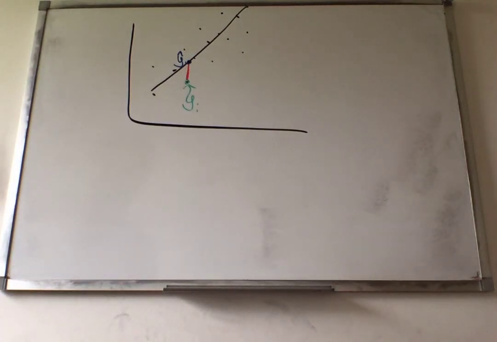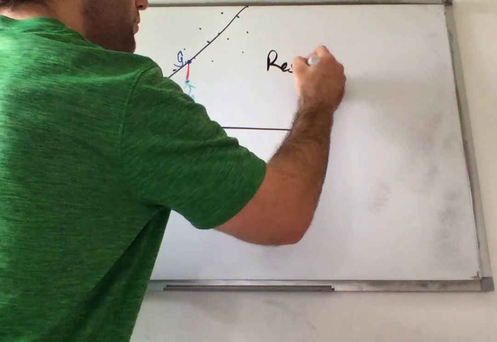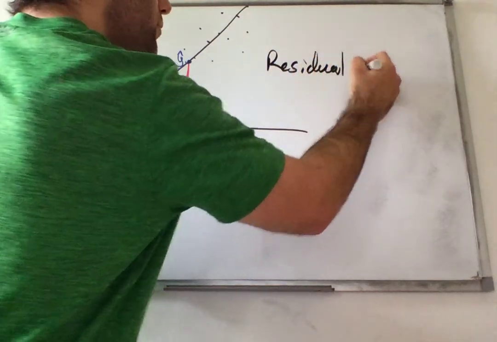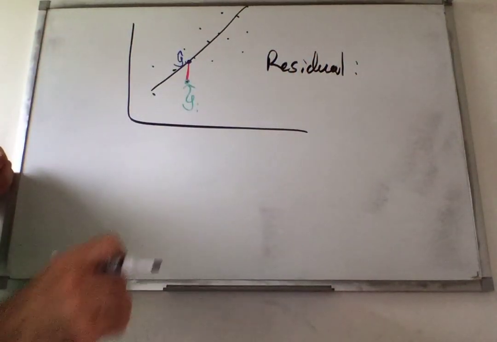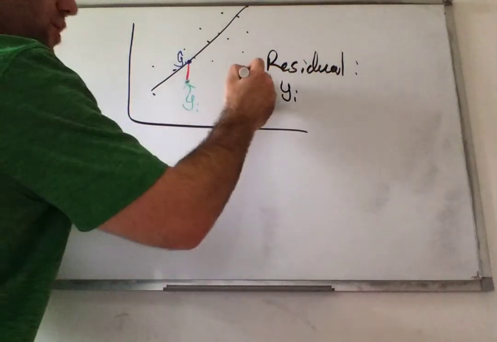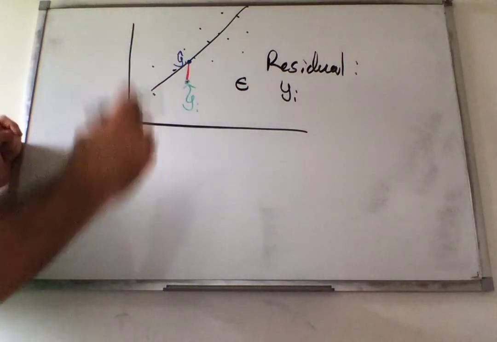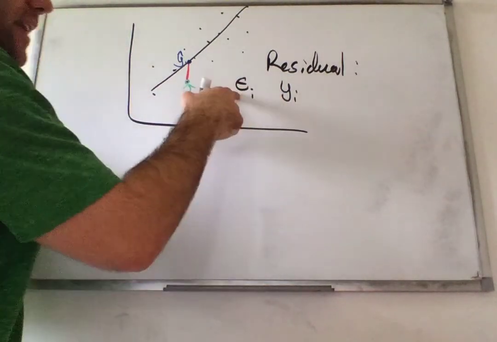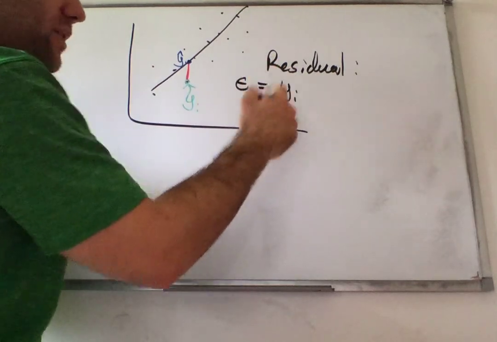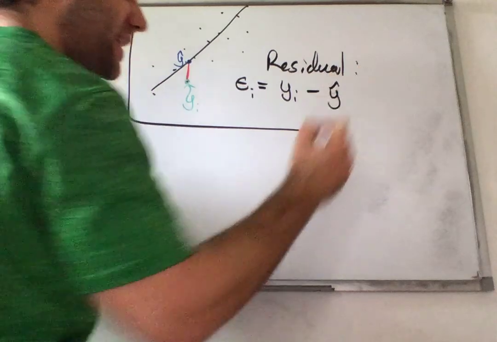Now, what we do is we make something called a residual. The residual is the actual value minus the predicted value, and we call it epsilon. This is the Greek letter epsilon, little epsilon. The ith residual is equal to, you take the actual value and you minus the predicted value.